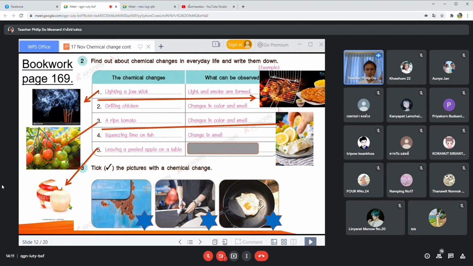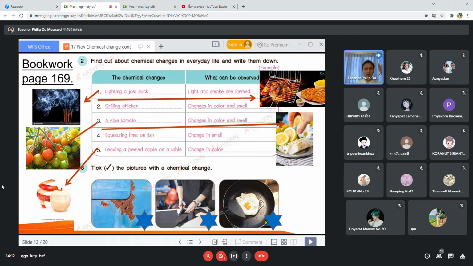So try this: go home, peel the apple, put it on the table for 1 day. You're going to see a change in the color of the apple. Yeah, that is actually a chemical change, because the air will change the apple from light, like white, to brown. That is definitely a chemical change.